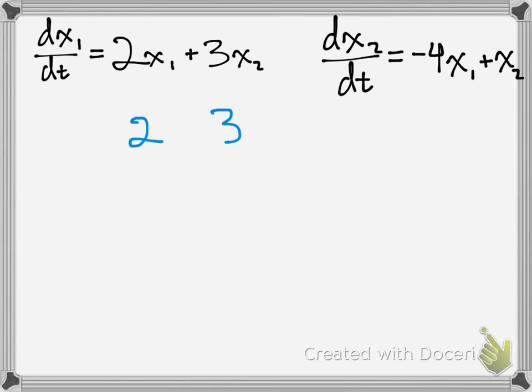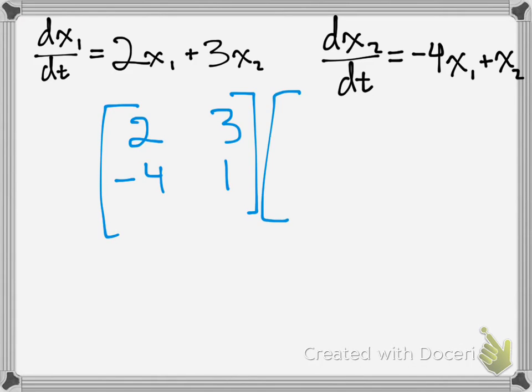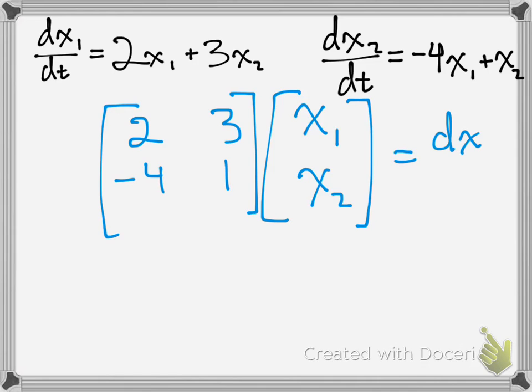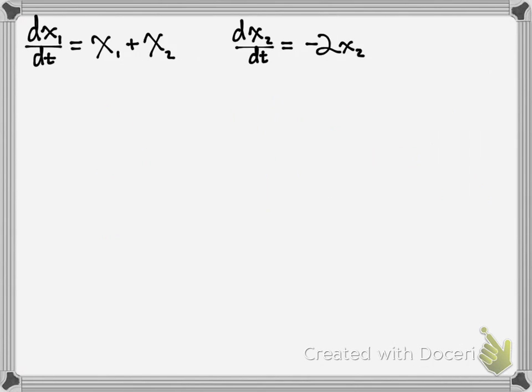Then for the next one we have -4 and 1, right? So use that here. And this is for x1, and this is for x2. And that is converting this into matrix form. That's the first problem, so let's just do the next one.